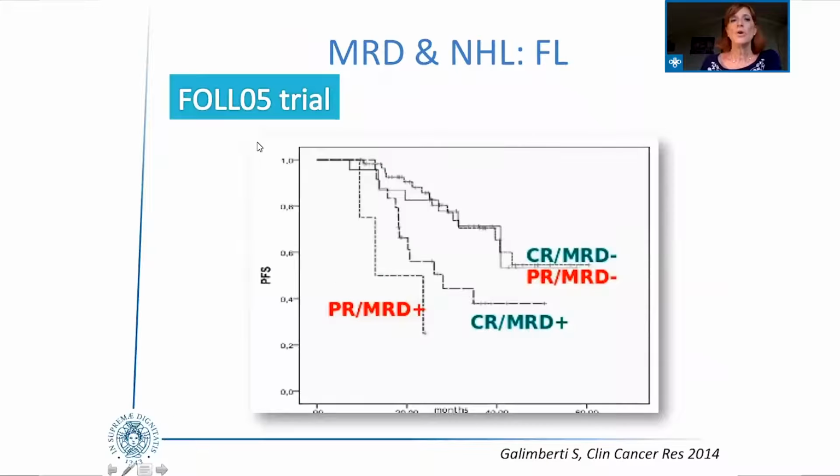This is the FOLLOW-5 trial that included more than 800 follicular lymphoma patients, where our lab, our group, demonstrated that patients with an unsatisfying response, partial response, but MRD negative when we used quantitative PCR for BCL2-JH rearrangement, showed the same progression-free survival as patients in complete hematological response.